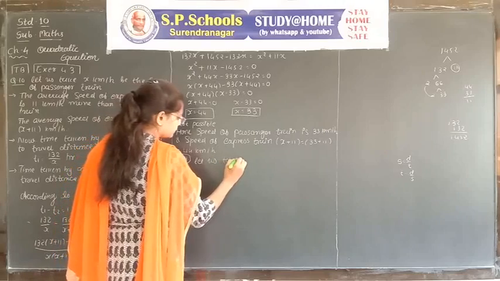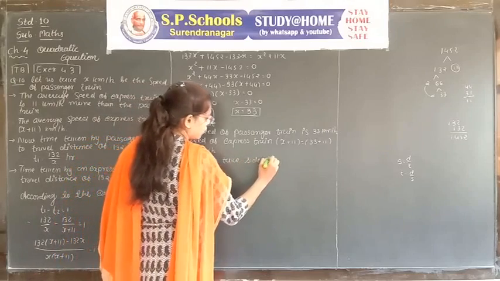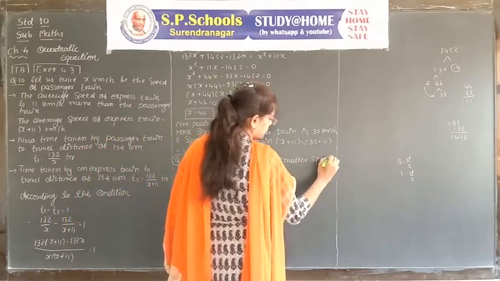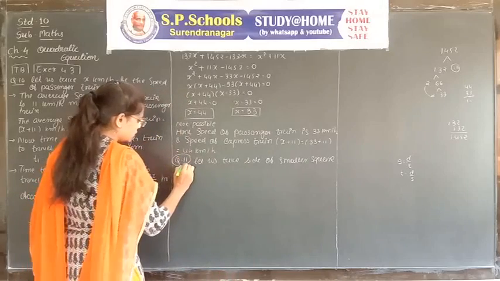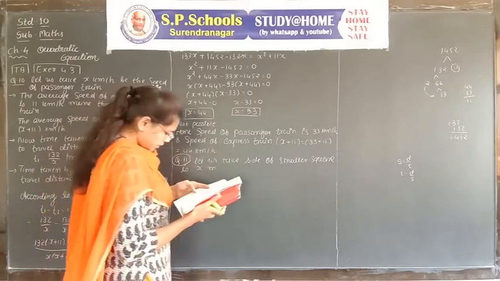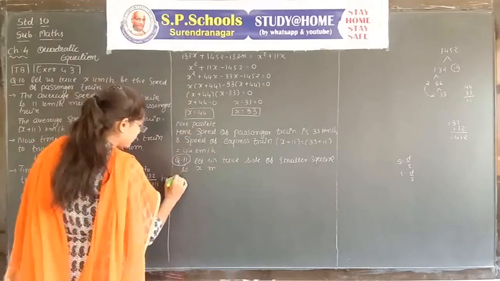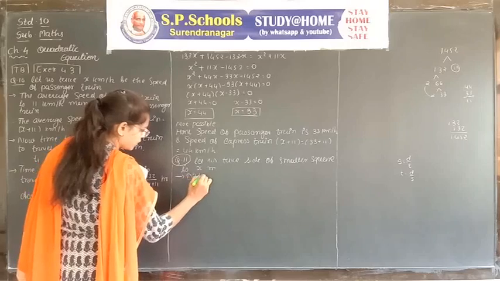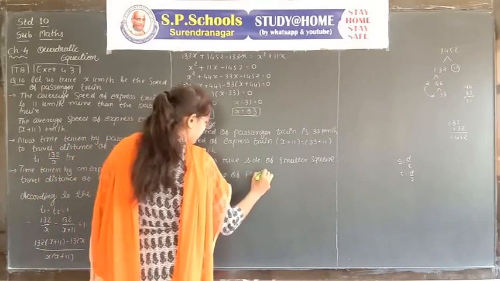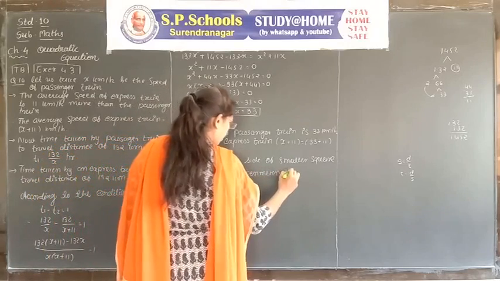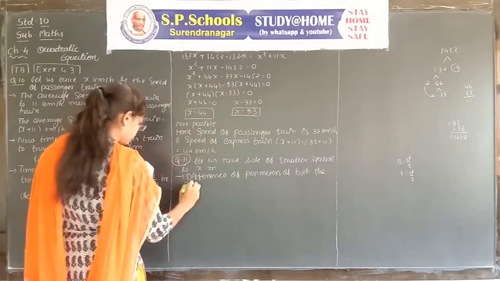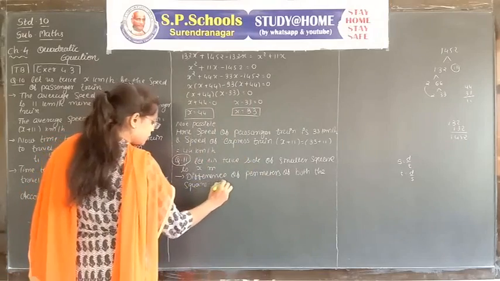Let us take the side of the smaller square is x. Unit is meter, then it is a meter. Now the difference of the perimeter is given. Difference of perimeters of both the squares is 24.